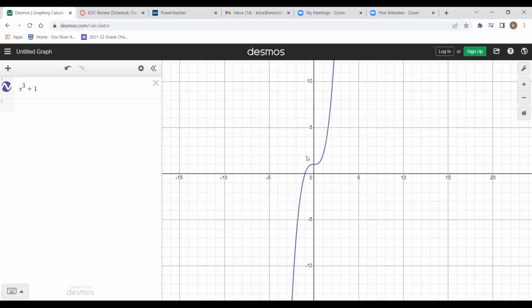It does have an x-intercept of -1, but it is not a multiplicity of 3. It just goes straight through, which means it has 1 x-intercept right there. So our answer choice is not A, it could be B, C, or D. We're just not sure which one it is, so we do have to go through the rest of the process to see.